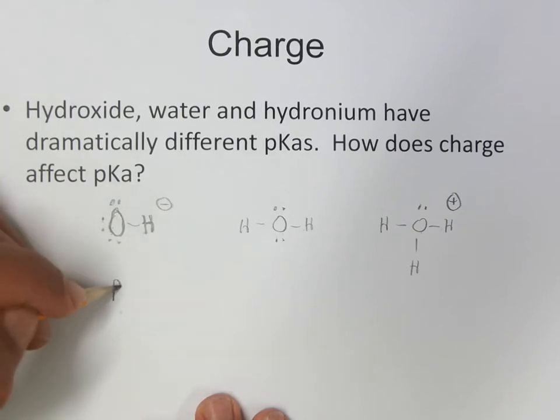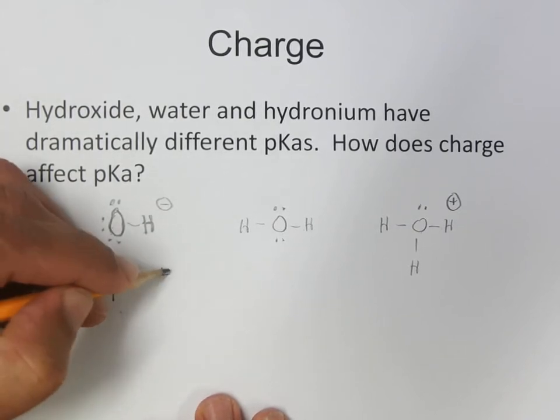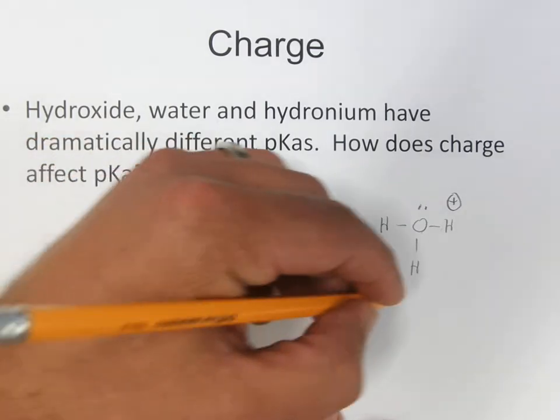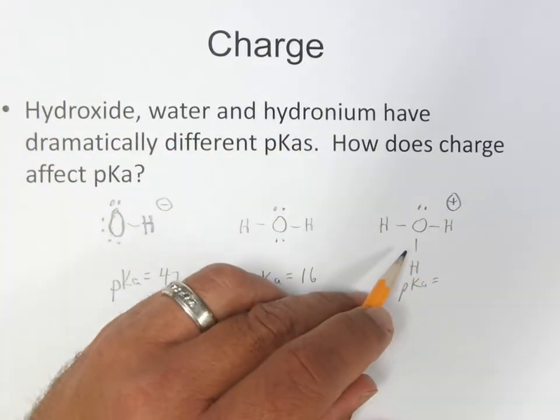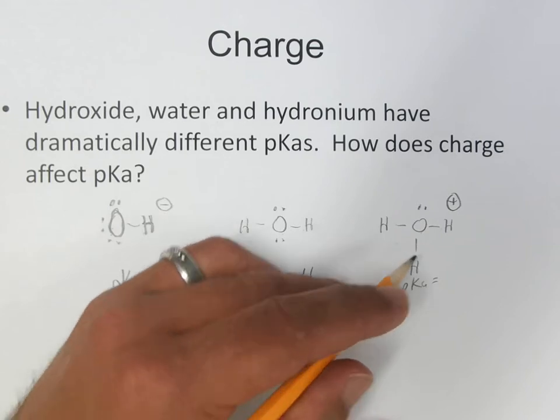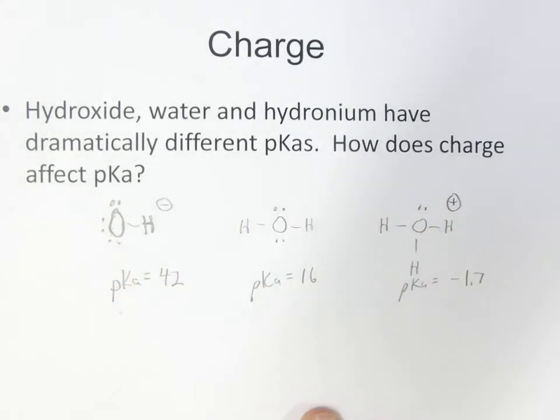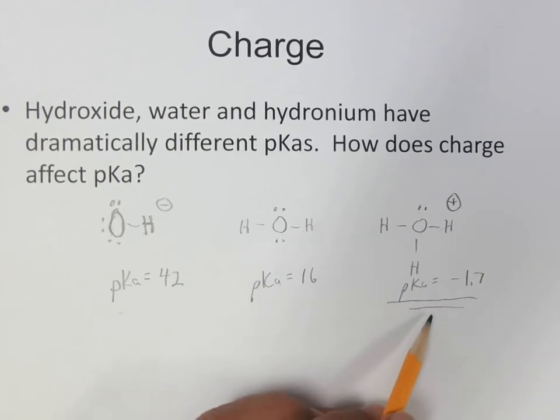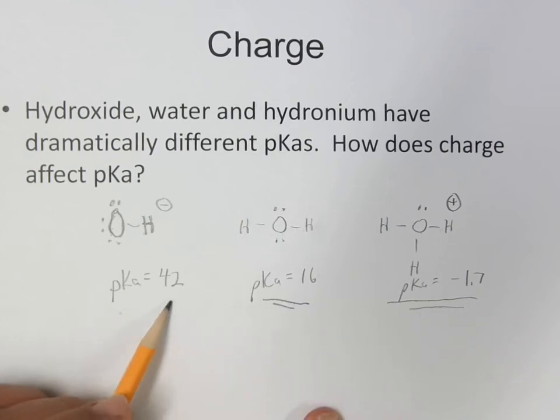pKas are fairly similar, but here the pKa is 42, again estimated. The pKa for water is about 16, and the pKa for the hydronium, I believe, is about minus 1.7. And you might want to fact check all of this, because I'm remembering from memory from at least a year ago, the last time I looked these up, but at least the trend I know is pretty accurate, that the positively charged version of this is going to be much, much more acidic than the neutral, and that's going to be much more acidic than the negative.